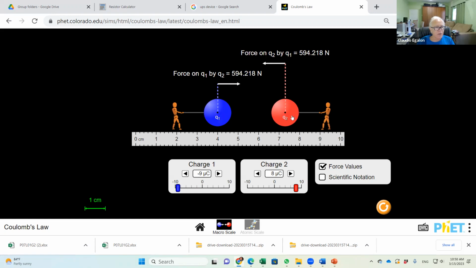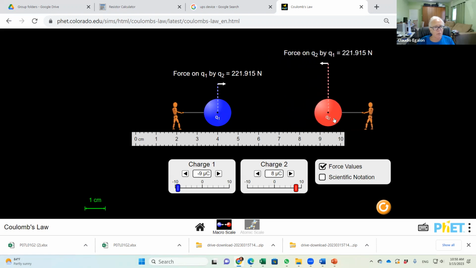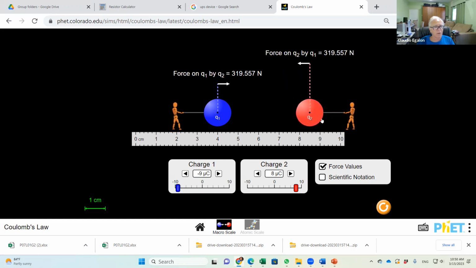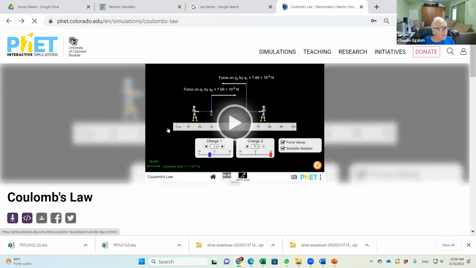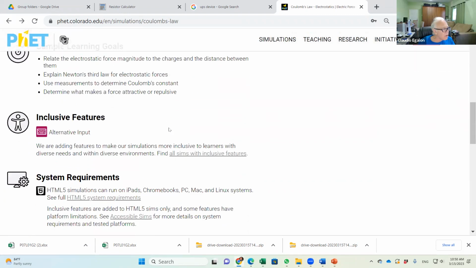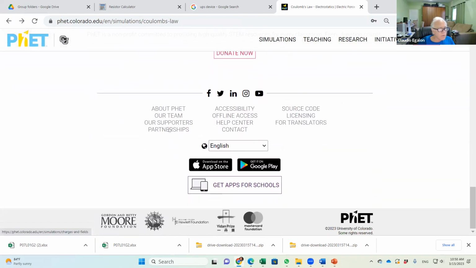Okay, and can I change the distance? Oh, I can change the distance too, right? So the force decreases. I want to see if I can find something for circuits, since we're working with circuits here.